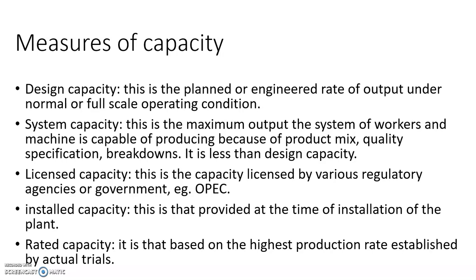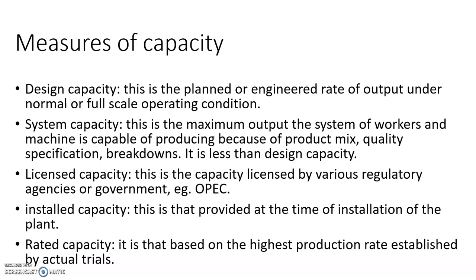For example, the design capacity of a cement plant can be 100 tons per day, or the design capacity of a sugar factory can be 150 tons of sugarcane crushing per day.